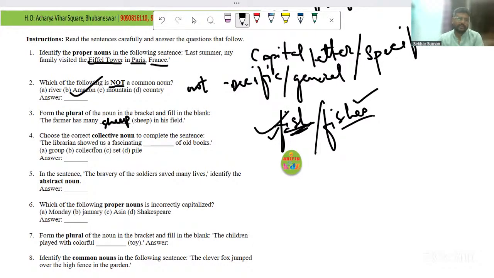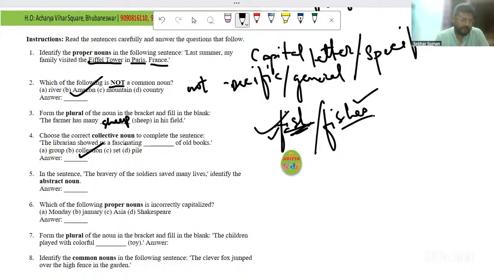Now, as you read the statement, fascinating, what makes the old books fascinating? Definitely, the collection of old books makes them fascinating. In case the sentence wouldn't have had the term fascinating, then you could have opted for the other options.